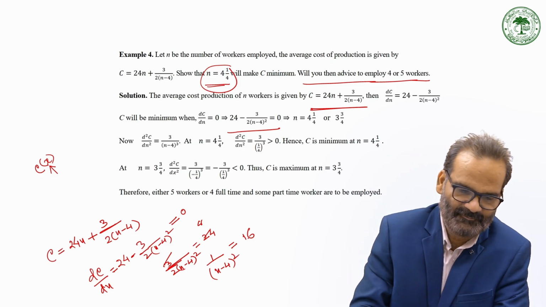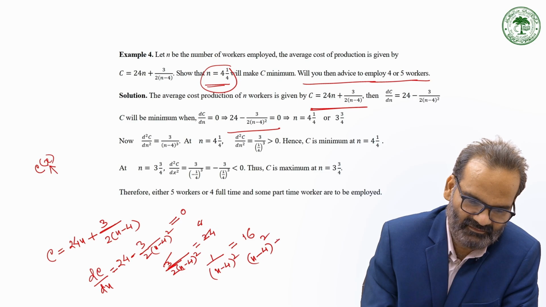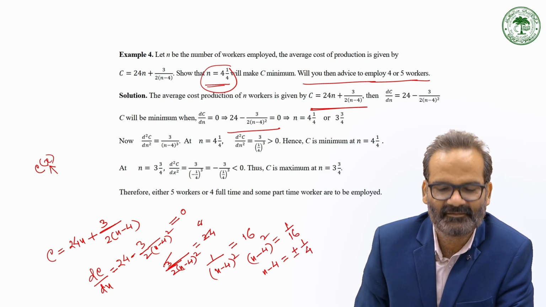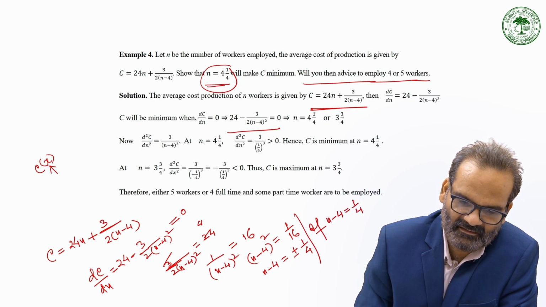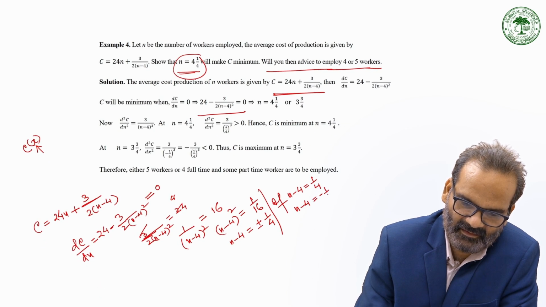Now revert this. So the value of (n minus 4) square will be 1 upon 16. n minus 4 will be equal to plus or minus 1 upon 4. Case 1: n minus 4 is equal to 1 upon 4. Case 2: n minus 4 is equal to minus 1 upon 4.